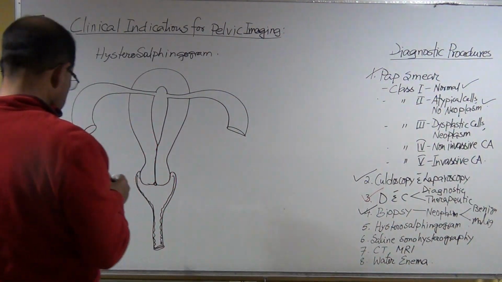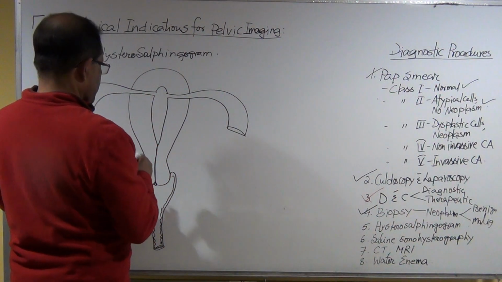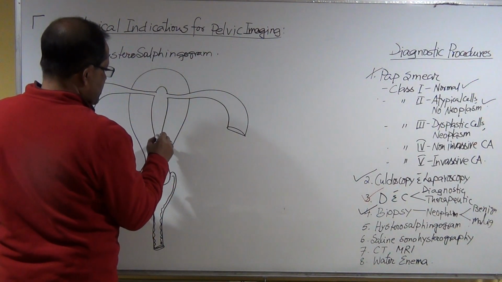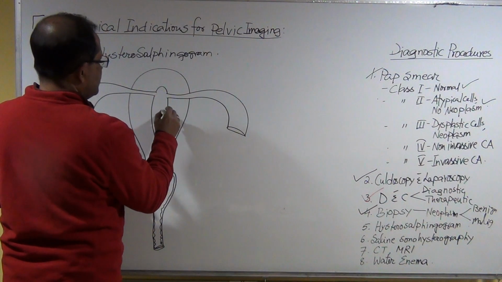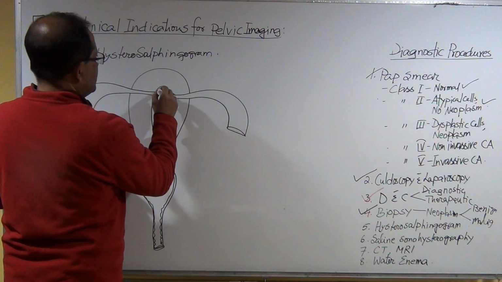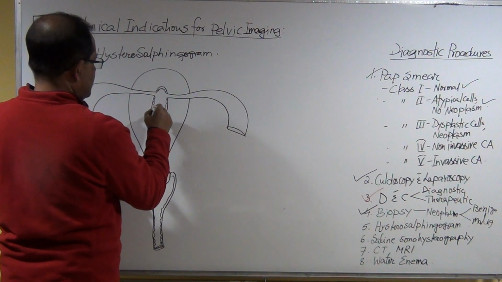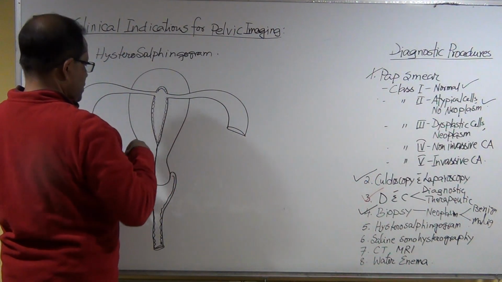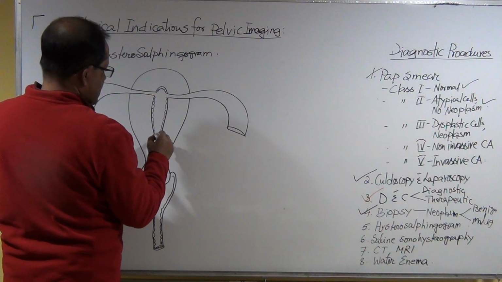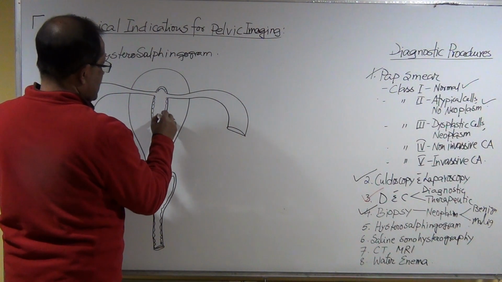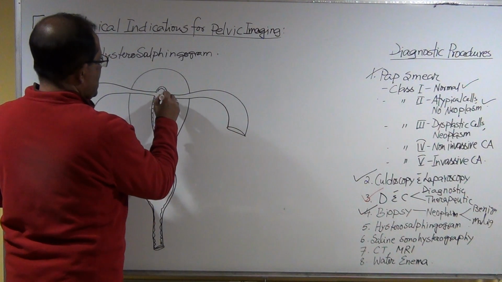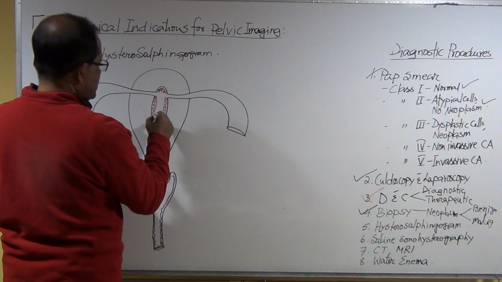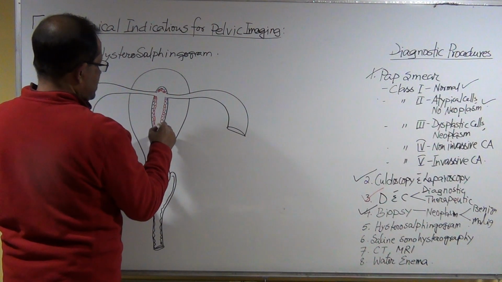Okay, so this is the uterine cavity and this is the endometrial cells. The endometrium has its cavity, we call it the endometrial cavity or uterine cavity.